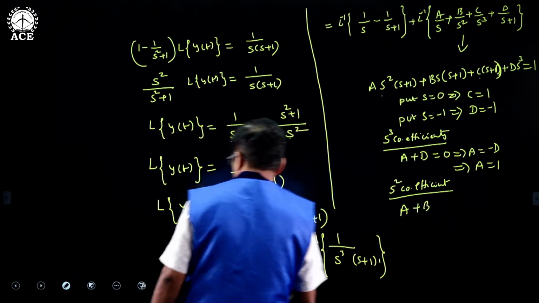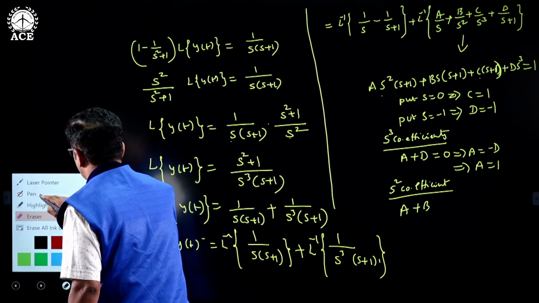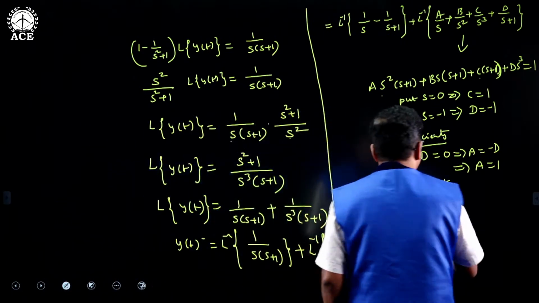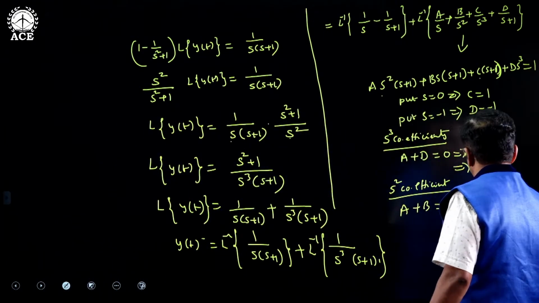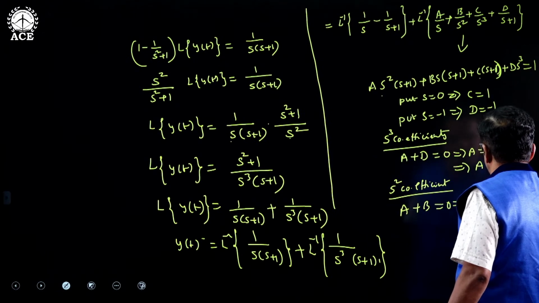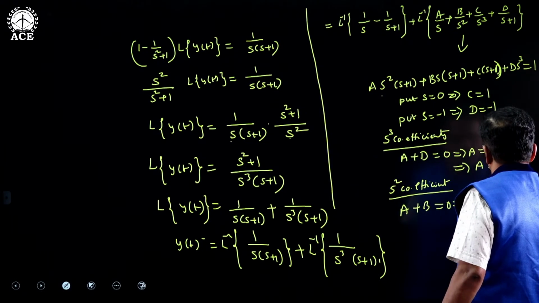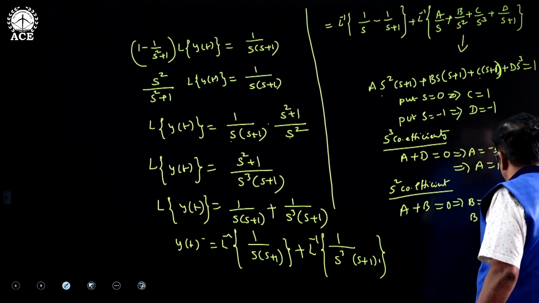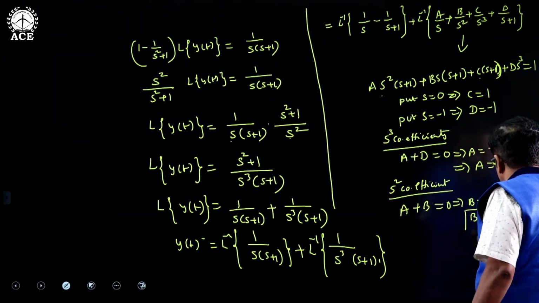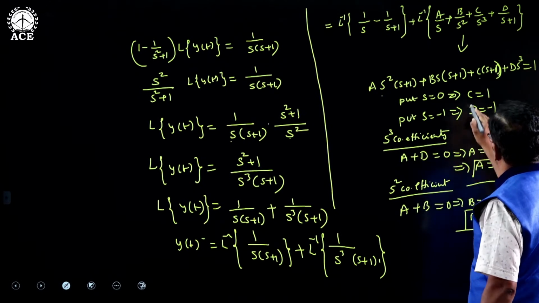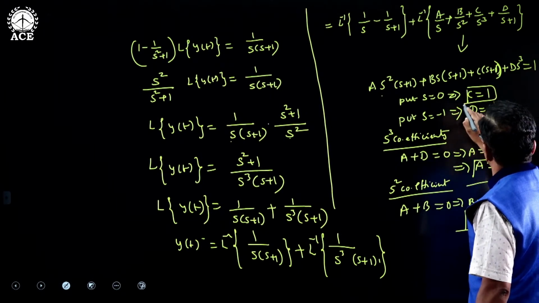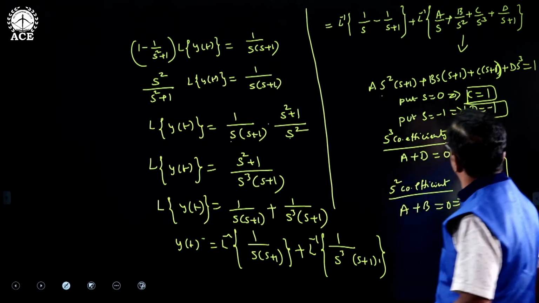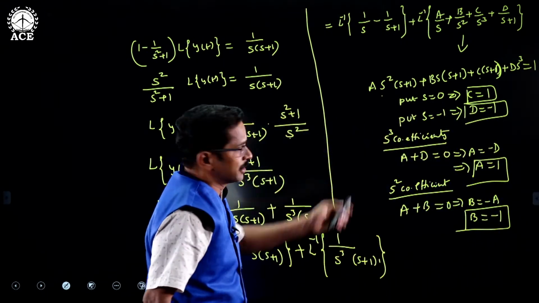Here we don't have any s square term on the right hand side, so it is 0. So b equals minus a, where a is 1. Therefore b equals minus 1. So the a value, b value and c, d we evaluated.